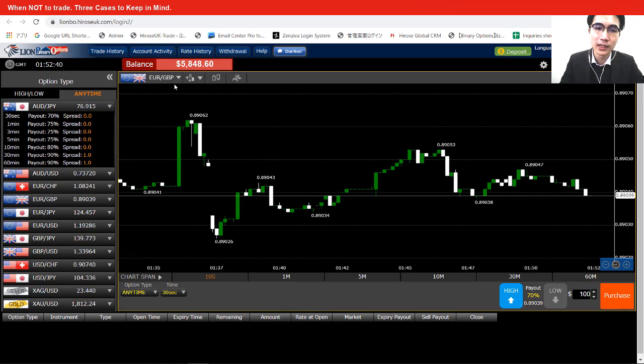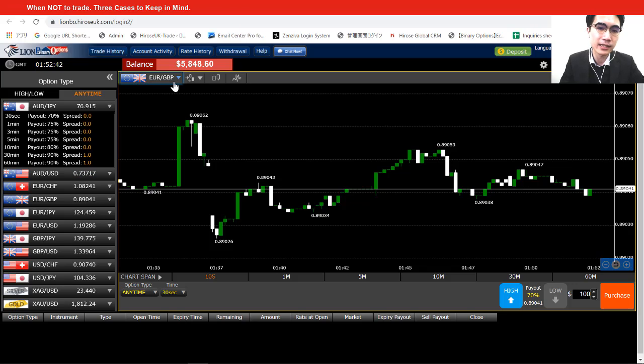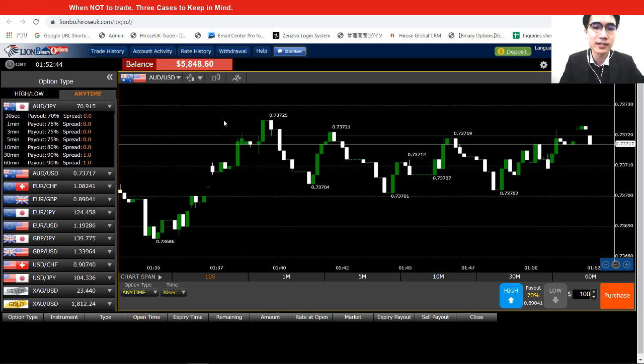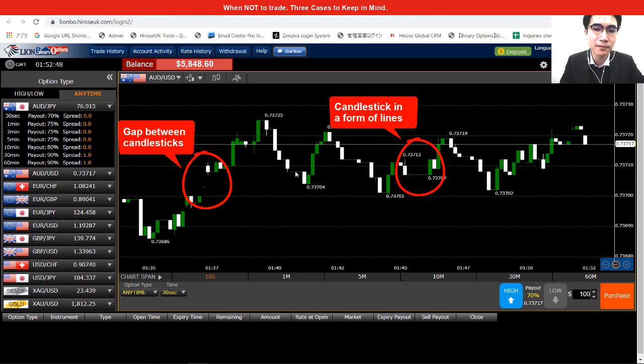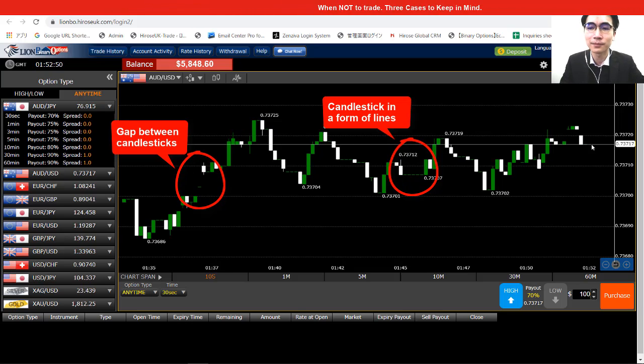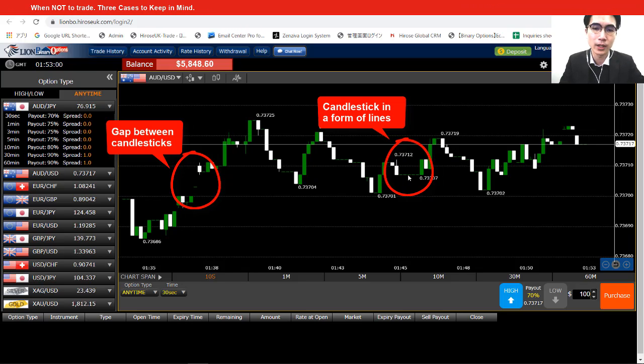Okay, we take a look at different currency pairs, and then we'll take a look at other scenarios. In here you see again there are gaps, there are lines, and these are the indication of an unstable price movement. We will not trade here because there's no way for us to predict which way the price is going to move next.